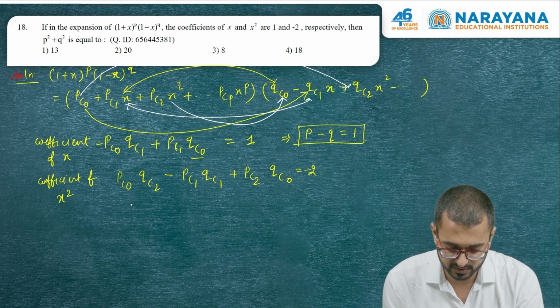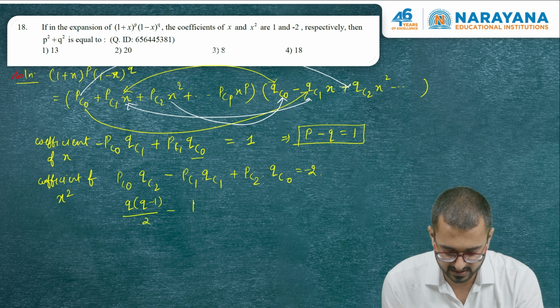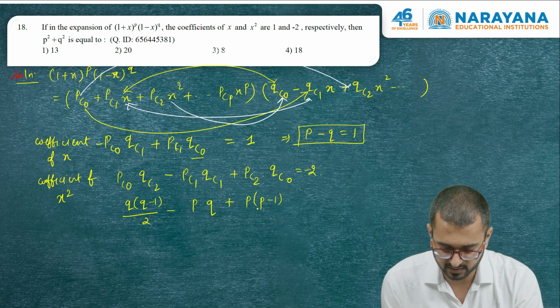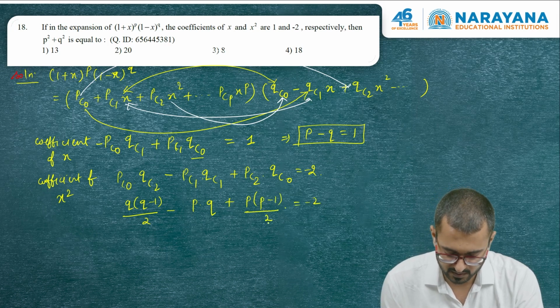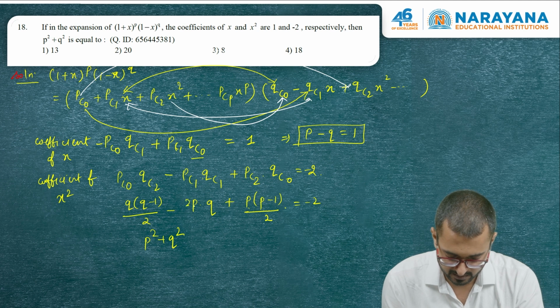So pc0 is 1, qc2 will give me q into q minus 1 by 2, minus pc1 is p, qc1 is again q, plus pc2 is p into p minus 1 by 2. qc0 is 1, so this is equal to minus 2. So let's get rid of this 2 first. So I'll be getting p square plus q square, then this we can add like this, simplified.